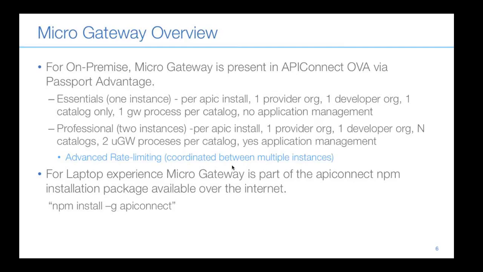That's a good question, and there are a couple of different ways of doing the install, and really I don't have all the information in this presentation, and Jeremy is really the expert at some of that. But essentially, the OVA contains everything necessary. You may want to get the NPM API Connect install in addition to the OVA, as it does a number of nice things for you, including setting up the development environment.